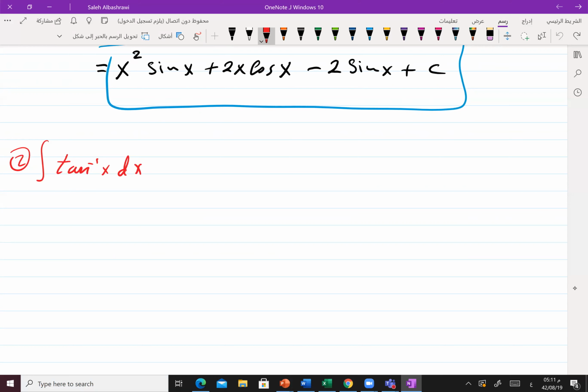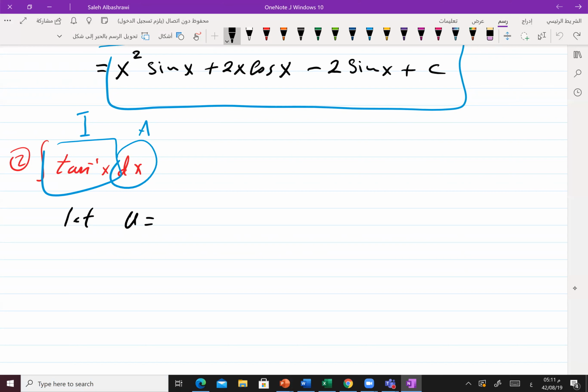Now, if I want to integrate the function by parts, I see that this is an inverse trigonometric function, and dx is algebraic. So I have algebraic and inverse trigonometric functions, and in our list, I comes before the algebraic.